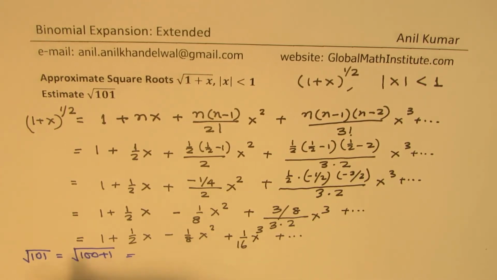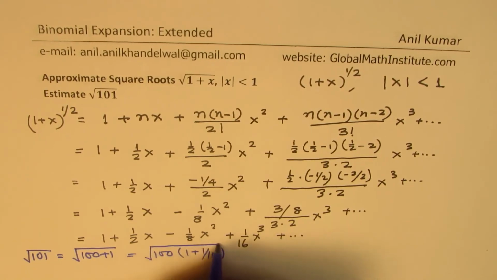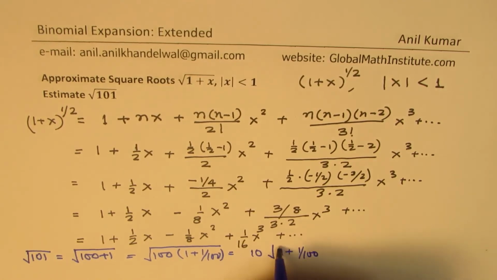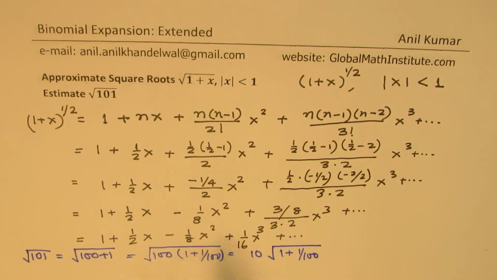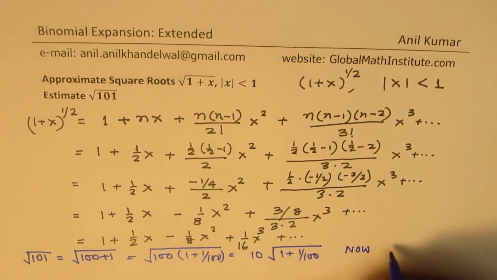Now, the square root of 100 is known to you, so you can take 100 common. So you get 1 plus 1 over 100 within the square root. Now that gives you 10, and then within the square root you get 1 plus 1 over 100. Indeed, the x value, which is 1 over 100, is much smaller than 1, and therefore the formula can be used, right?